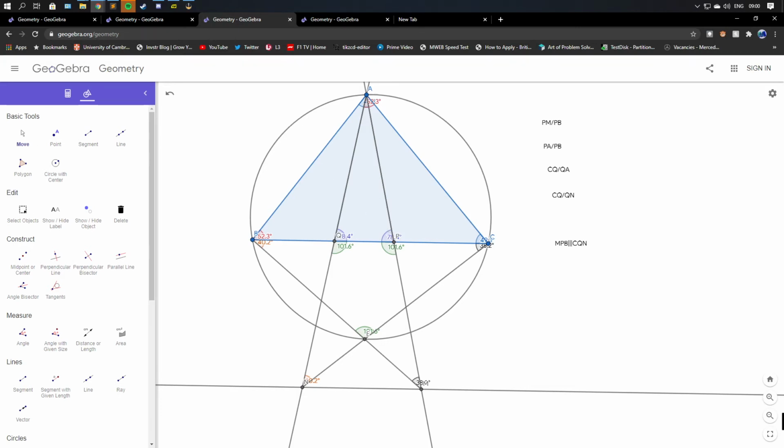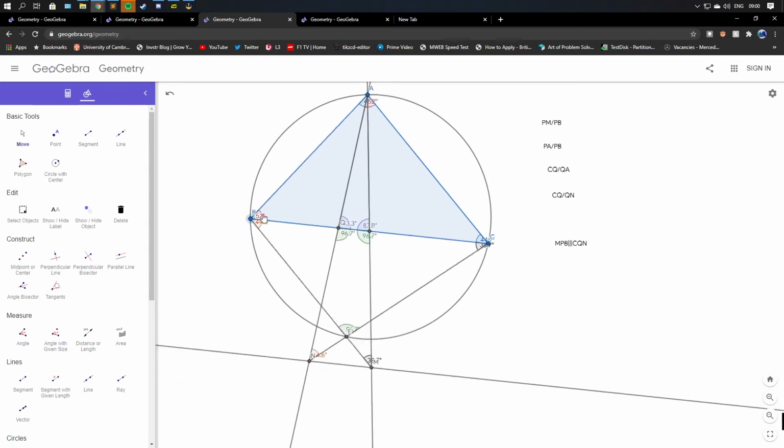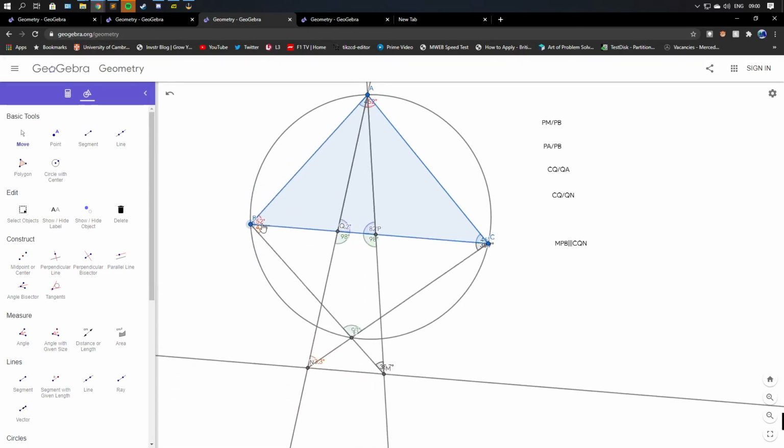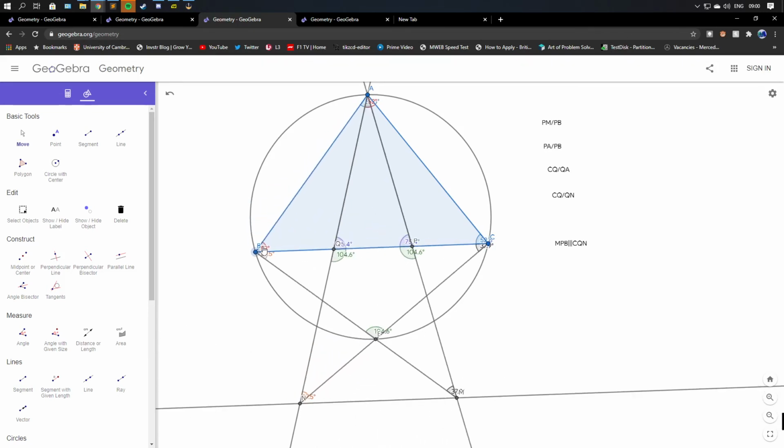Now, an important thing in this question that you need to be wary of is that the positions of P and Q might not necessarily be like this. Actually, no, for an acute angle triangle, it will always be like this.